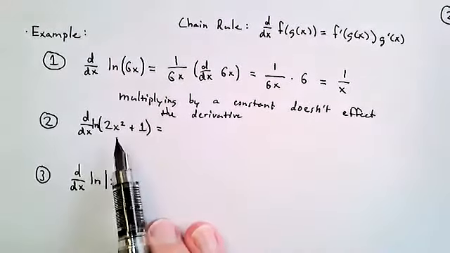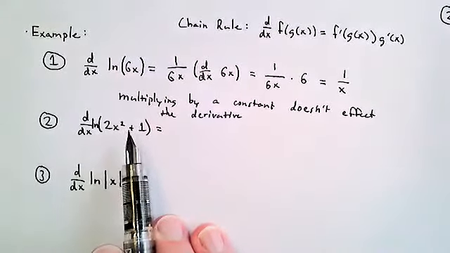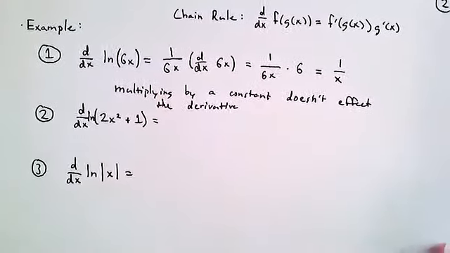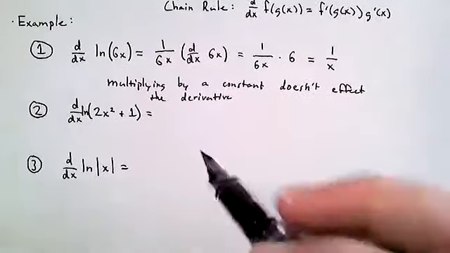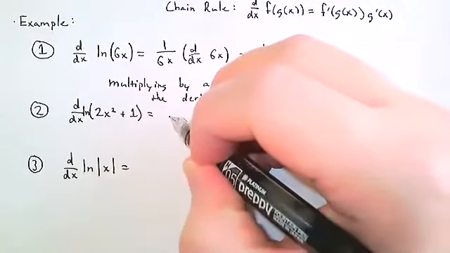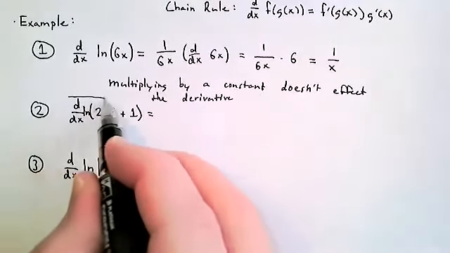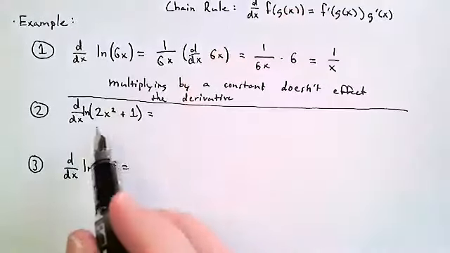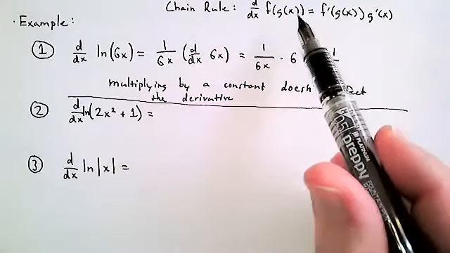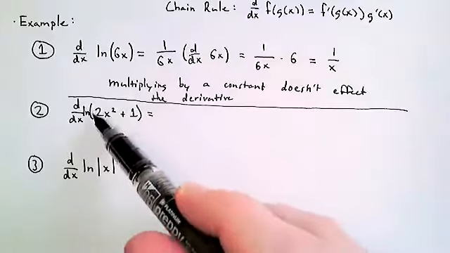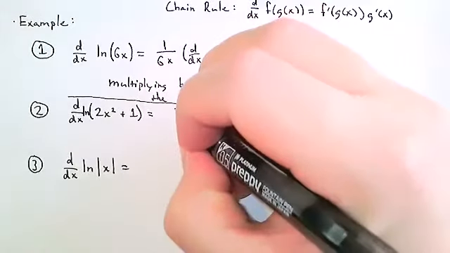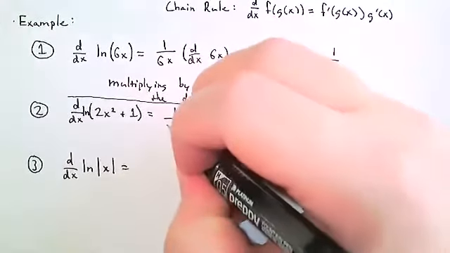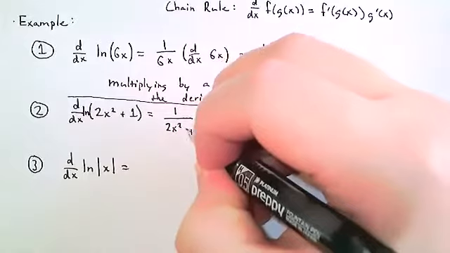But what happens if you have something more complicated inside of your natural logarithm, like 2x squared plus 1? Well, then more interesting things can happen. Let's see. Okay, so we have still a chain rule problem. We need the outer derivative for the natural logarithm. So it'll be 1 over what we find in the parentheses, 1 over 2x squared plus 1.